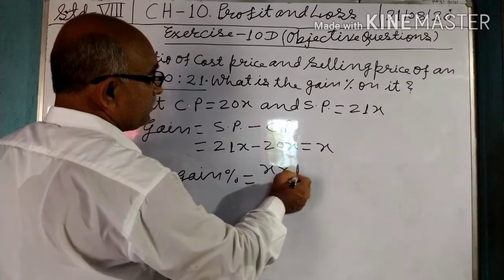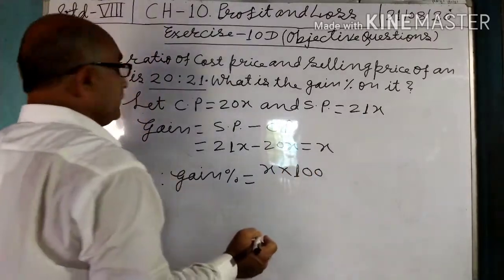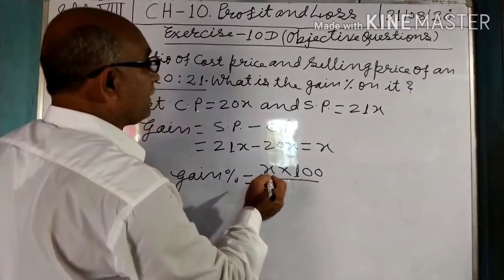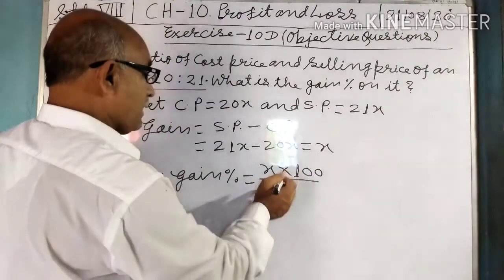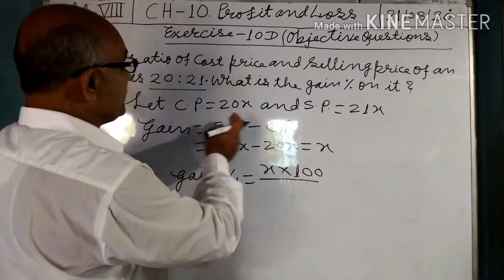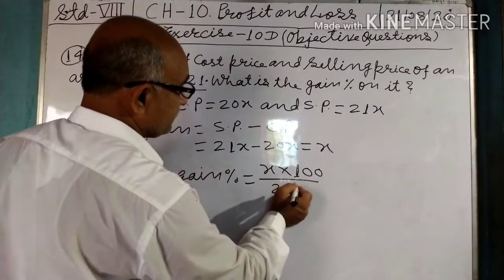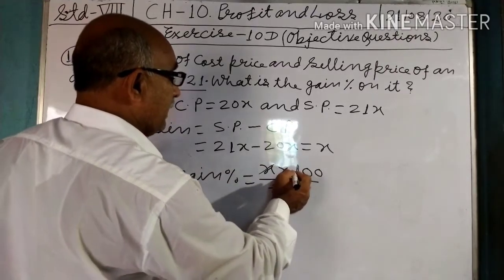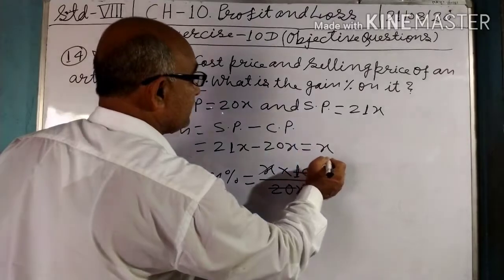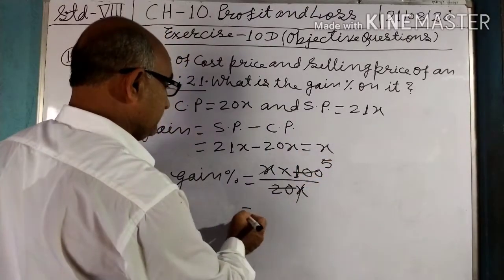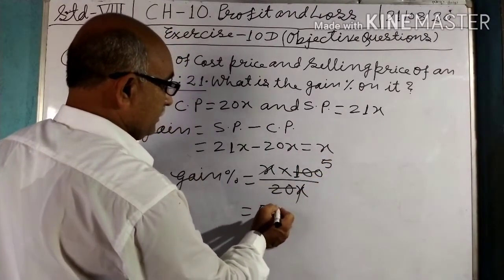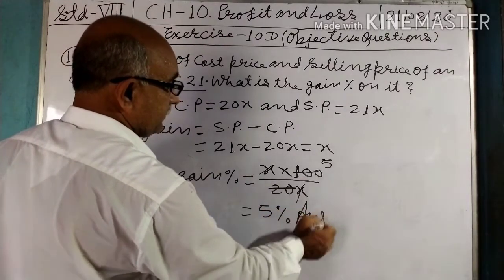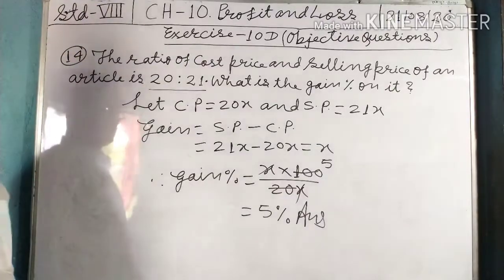So x into 100 by CP 20x, x and x cancel, and 5 into 20 is 100, equal to 5%. Answer. Understand and write.